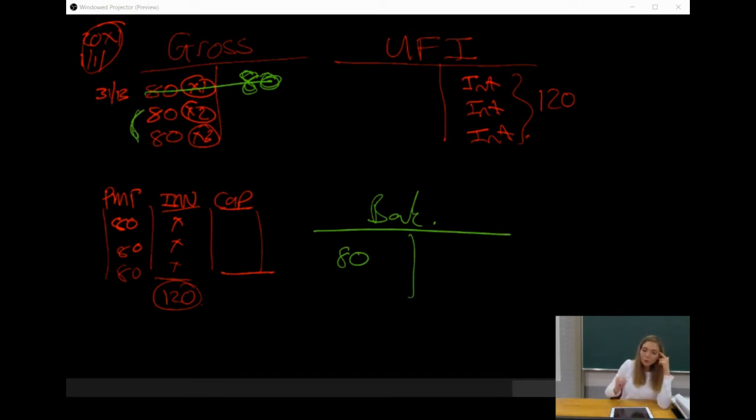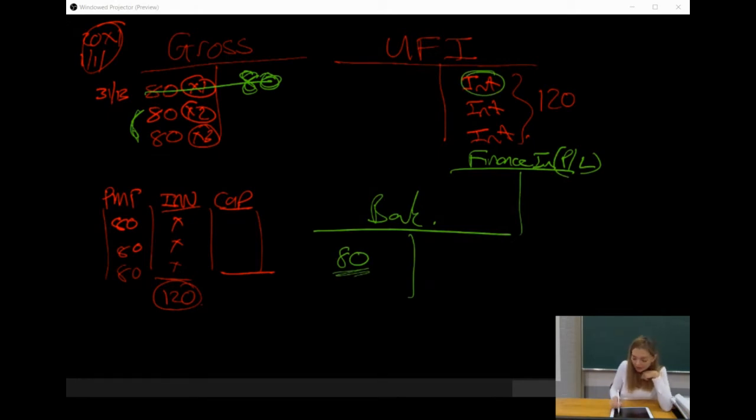Now, when I received that lease payment, I've also earned some of the interest already. So in my finance income account in P&L, some of that interest I have now earned, so that has to sit over here. That means I'm going to take it out of my unearned finance income. I have now earned it, and therefore it goes to my finance income in P&L.